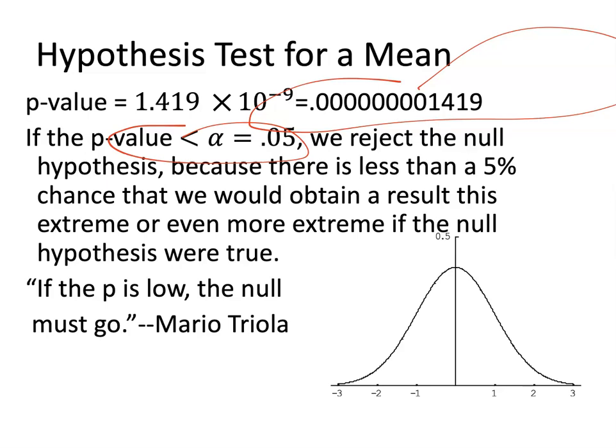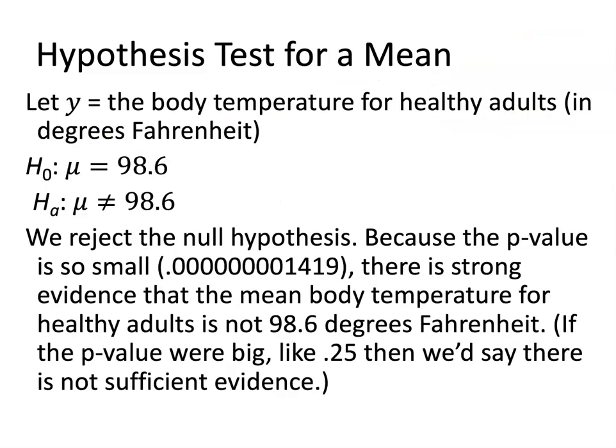When your p is less than alpha, you reject the null hypothesis. Because the p-value is so small, there is strong evidence that the mean body temperature for healthy adults is not 98.6 degrees Fahrenheit. Now, if the p-value were big, like 0.25, then we'd say there's not sufficient evidence to reject the null hypothesis. But there is plenty of evidence to reject the null hypothesis here.